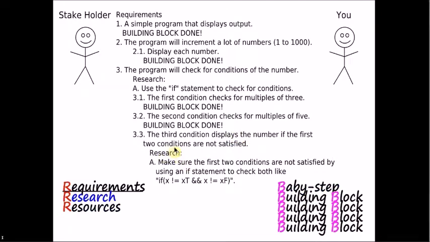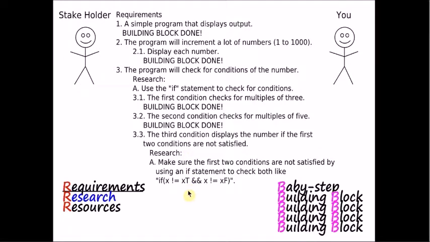The research tells me I need to do another conditional that is a compound conditional statement, more than one comparison. My requirement was to check if the multiple is not 3 and also not 5 to display a number normally.